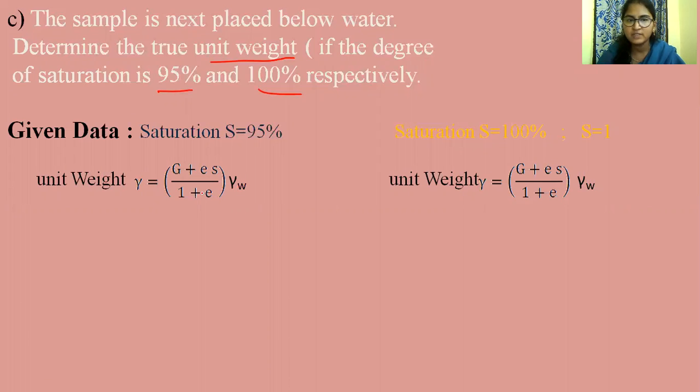The only difference is in one case we substitute S as 95%, and in the other S is equal to 1, fully saturated, 100%. Now substitute these values.